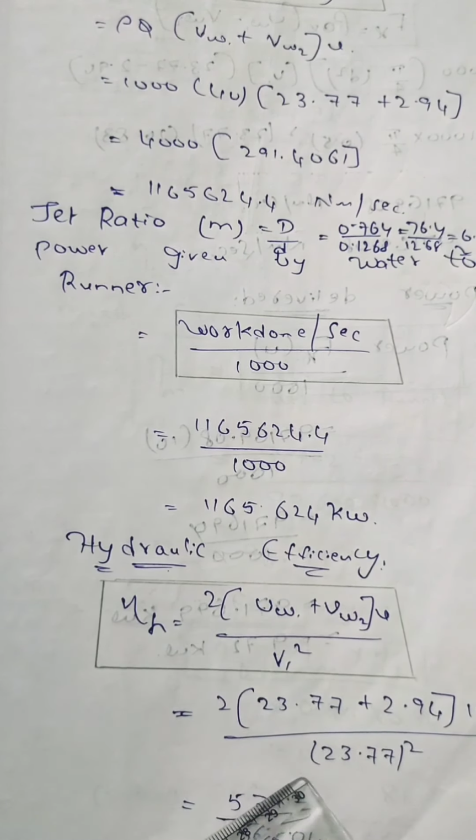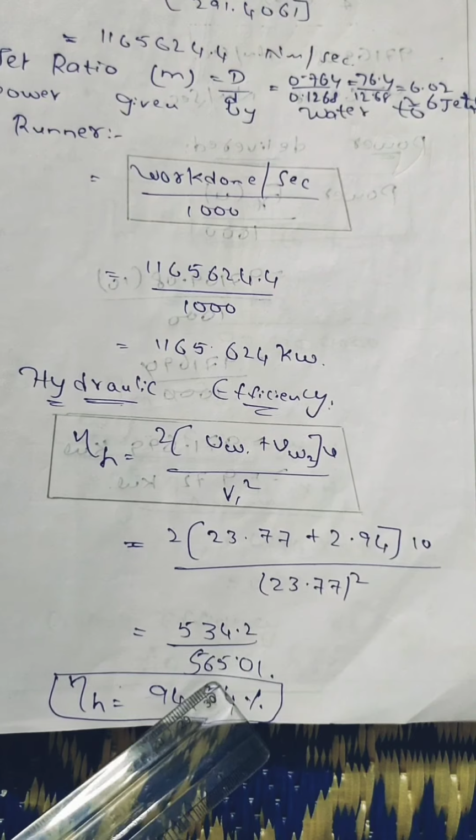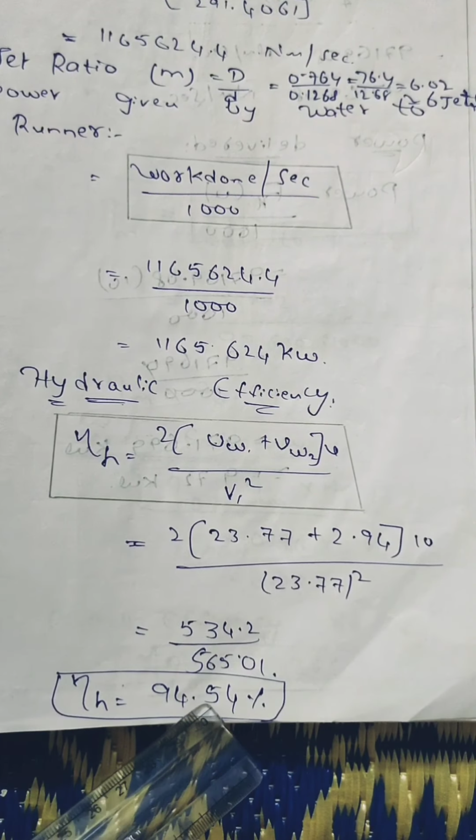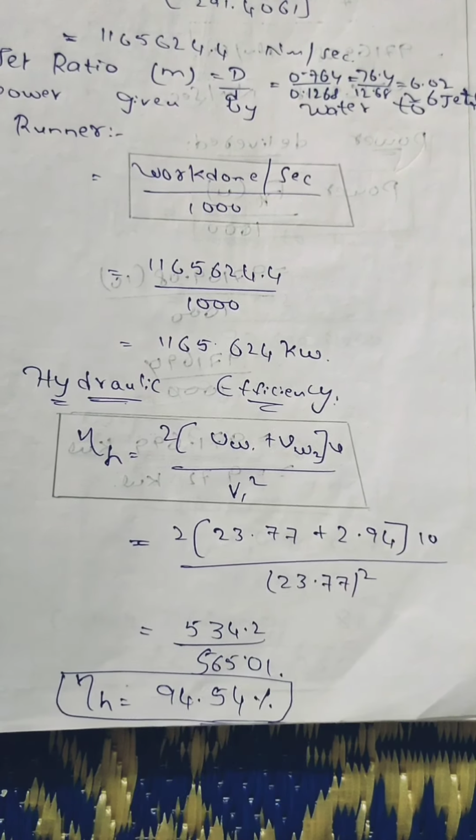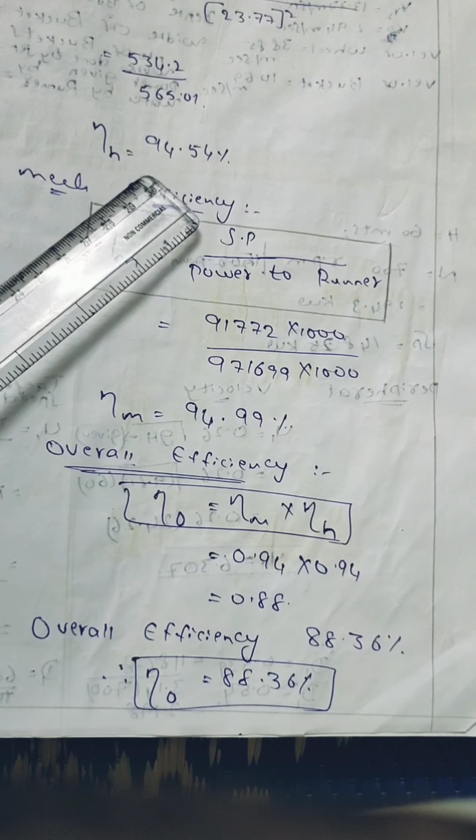So 2 into (23.77 plus 2.94) into 10 equals 534.2, divided by 23.77 square, which equals 565.01. We get around 94.54% hydraulic efficiency. This is the formula for finding the hydraulic efficiency. Up to now we are clear that eta H equals 94.54.